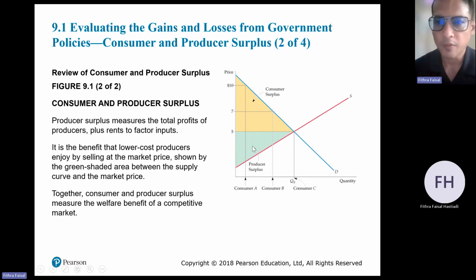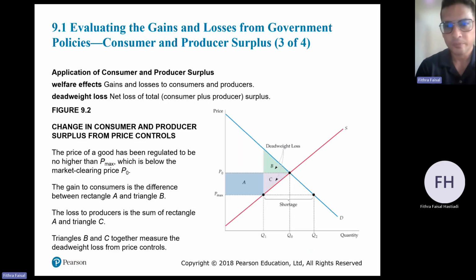If the consumer has the willingness to pay, the producers have the willingness to produce given the price below the market price. So all in all, we have the benefit for the consumer and the benefit for the producers. The area below the demand curve is the consumer surplus, and the area above the supply curve is the producer surplus.